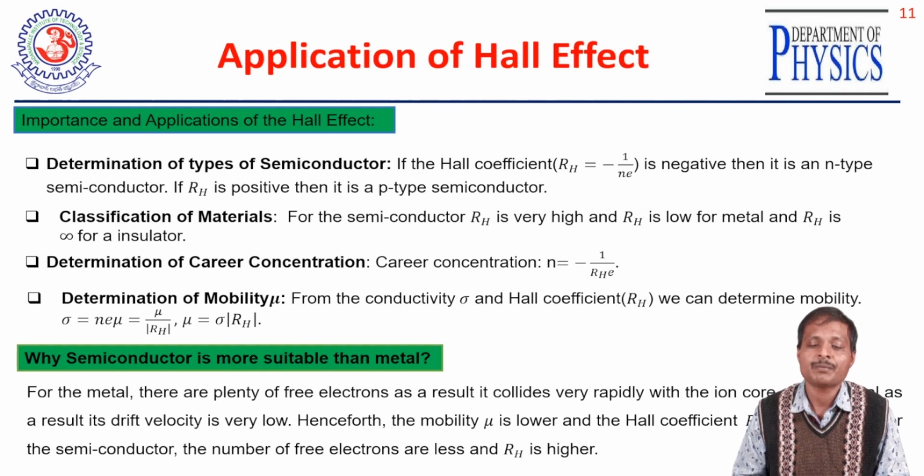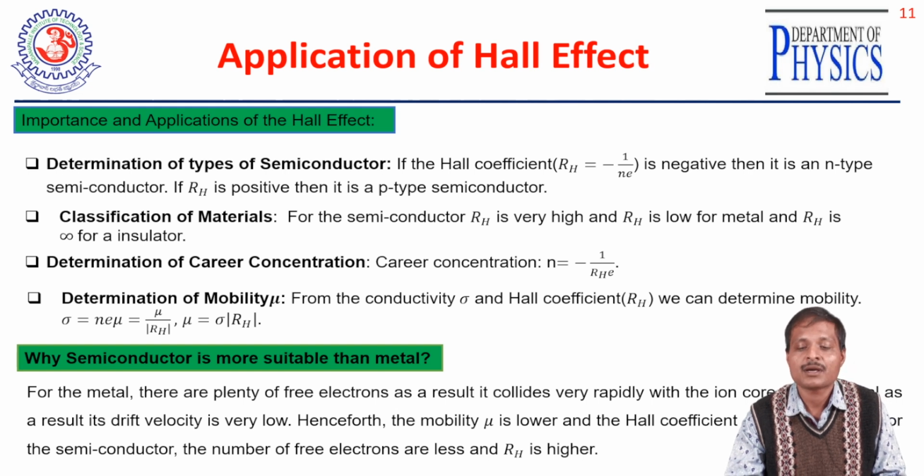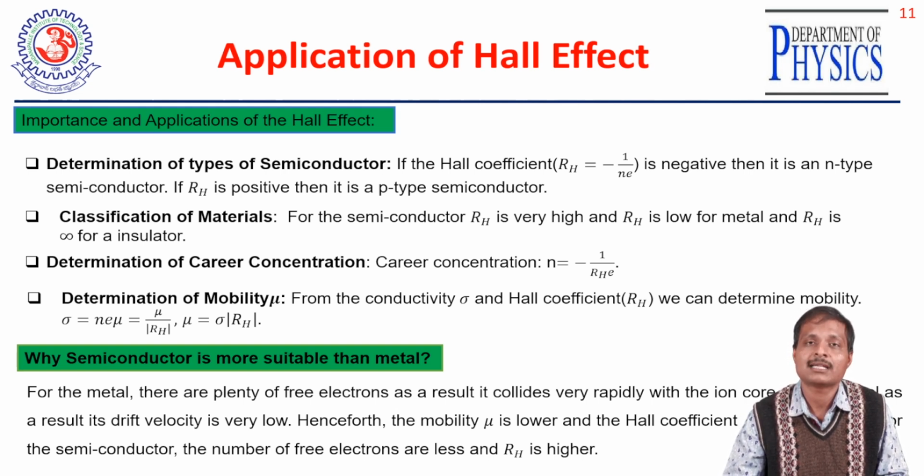And how to classify the materials? For the case of semiconductors, the RH is very high. And RH is very low for the case of metal. Why is RH very low for metal? Because for a metal RH is proportional to 1 by ne. If you increase n, RH will decrease automatically. For the case of metal, there are lots of free electrons, so n is higher.